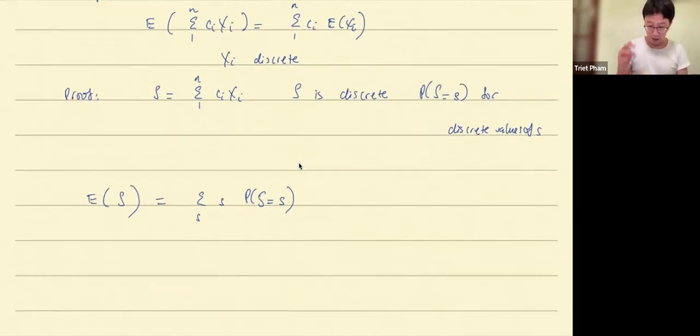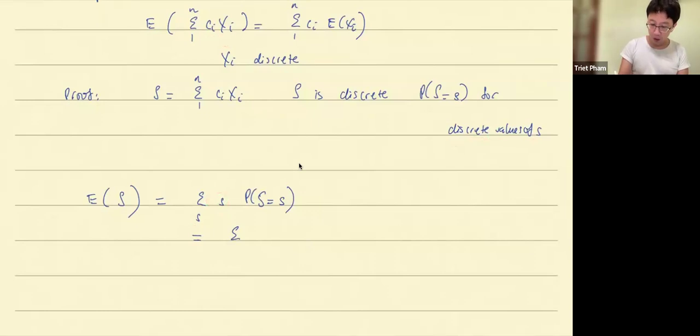Right. Okay. Yeah, that makes sense. But then the next move will be that instead of looking at S, where do these values of S come from? These discrete values of S will come from discrete values of the Xi multiplied with the Ci.